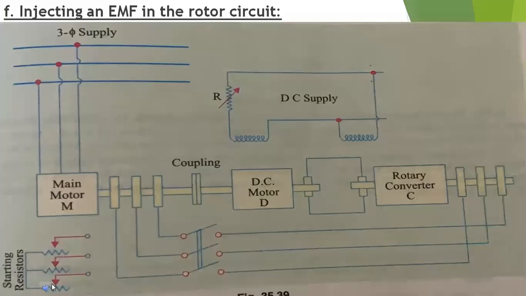And the last one, the speed control of the induction motor by injecting an EMF in the rotor circuit. We have to add an extra voltage in the rotor circuit.